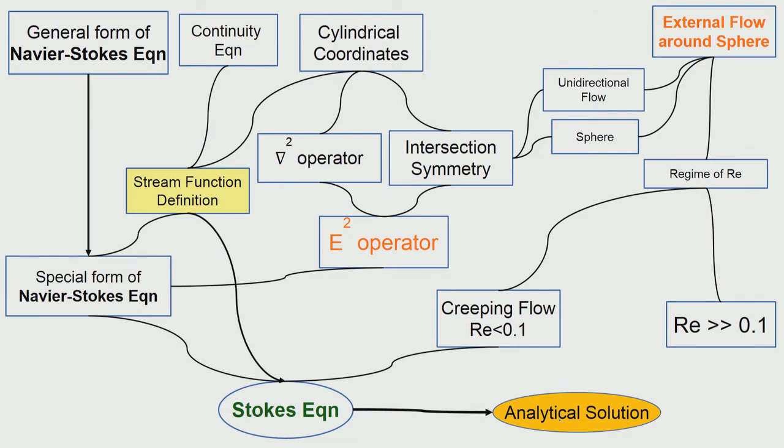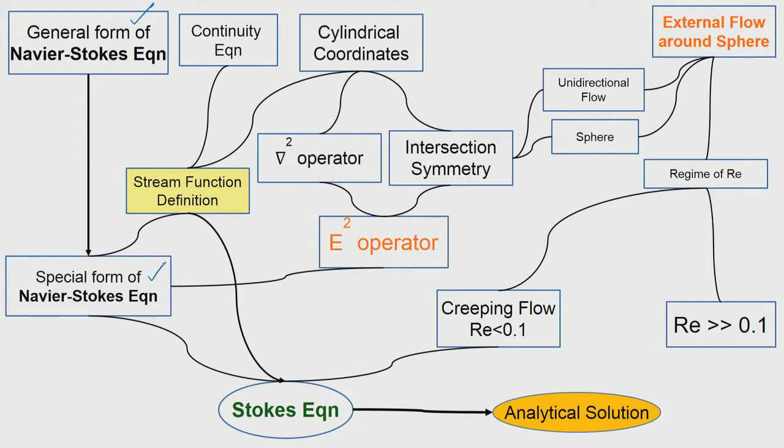So, here is the concept map of how this derivation is done. Each of these boxes contain some aspect that was discussed either earlier or will be discussed as part of this lecture. We have already seen the general form of the Navier-Stokes equation, and we can actually make a special form for the specific case of the Newtonian fluid, incompressible fluid, and in a coordinate system that we are interested in.